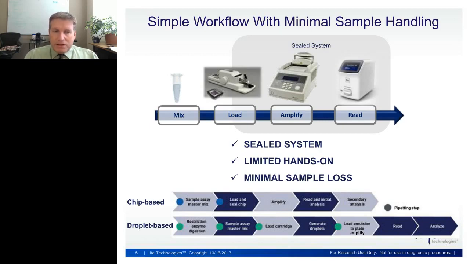The droplet-based technologies require a uniform emulsion of droplets being made, and several additional pipetting steps to set up the reaction. Now, because this emulsion can be variable, and because these extra pipetting steps can also introduce variability, the droplet-based systems require more workflow and more analysis than our system does.